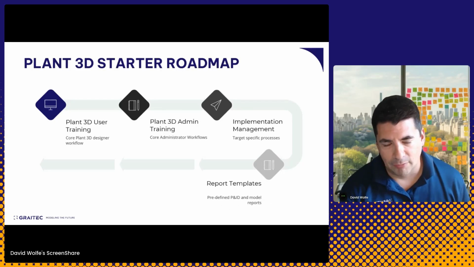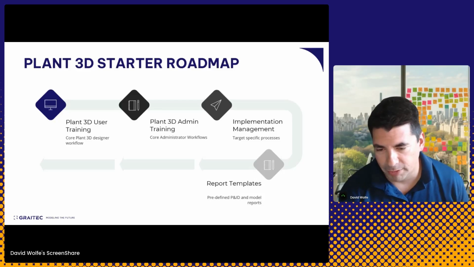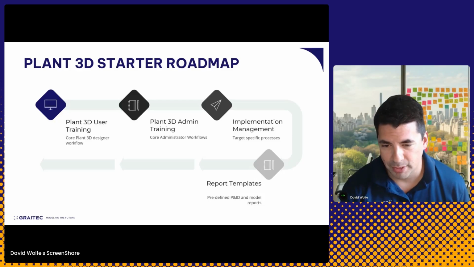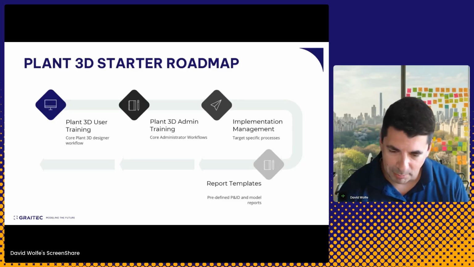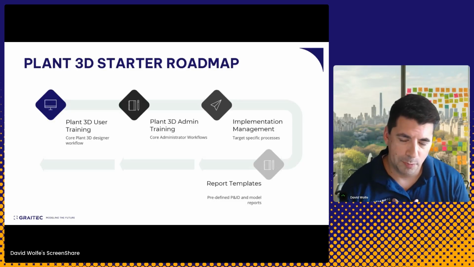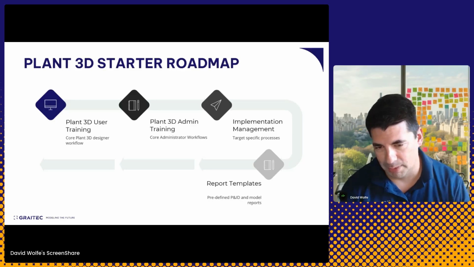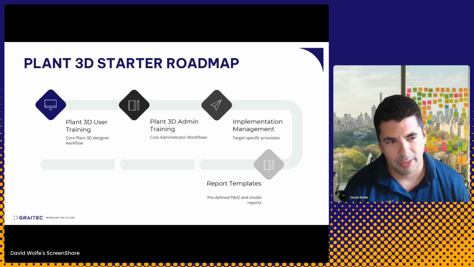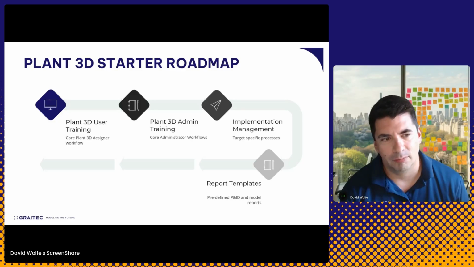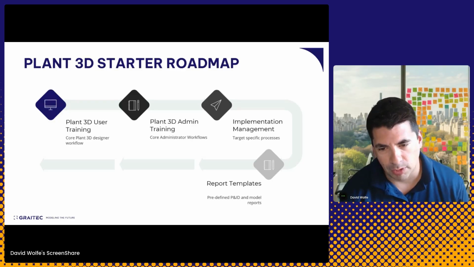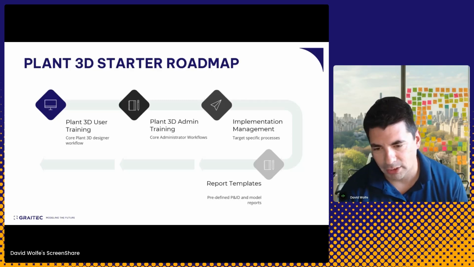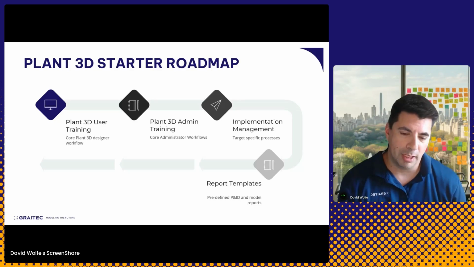After that, and alongside that, we also have additional offerings that can help finish out the roadmap, and that's around providing report templates. There are some templates out of the box, but we spent a lot of time developing more of what you would expect to see from an industry viewpoint, and also using the same style across all the reports so that you can configure your fonts and your colors and it all matches across all of the report templates.